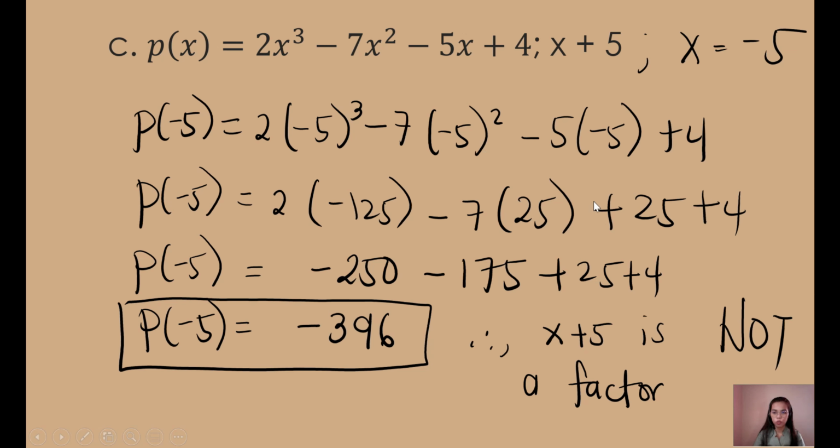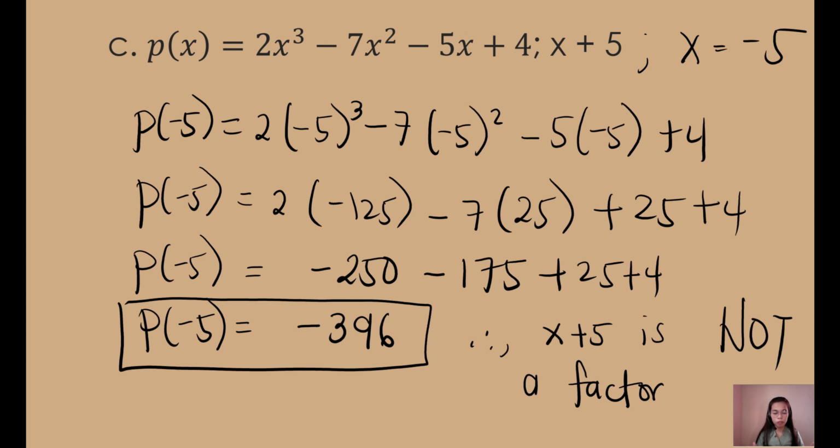Okay, so that's it. That will be the remainder theorem and the factor theorem. So, recap lang natin. Sa remainder theorem, pag gawin natin yon, yung makukuha natin is yung remainder. And then, dito naman, sa factor theorem, identify natin or determine natin if the given binomial is a factor of the given polynomial.